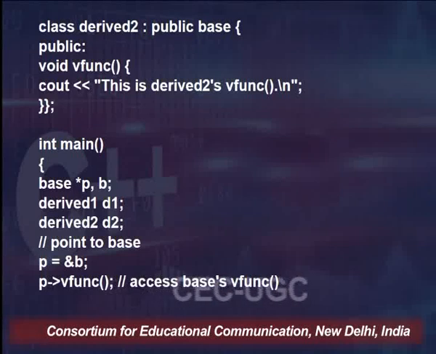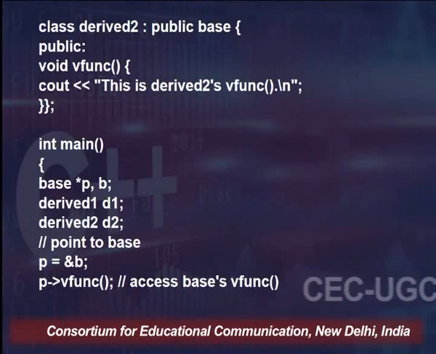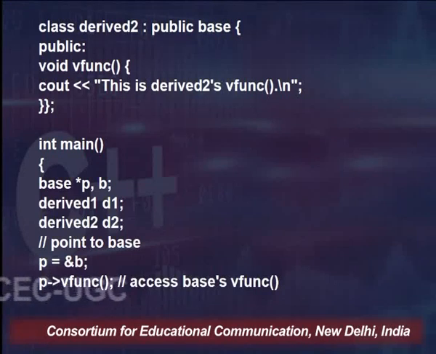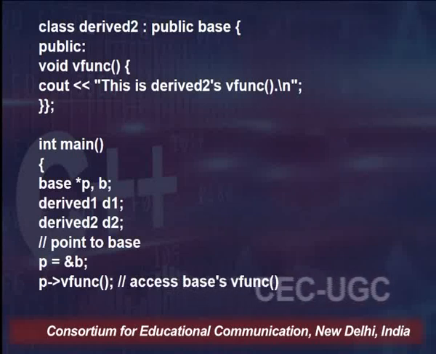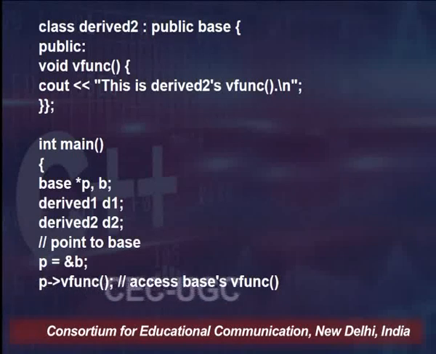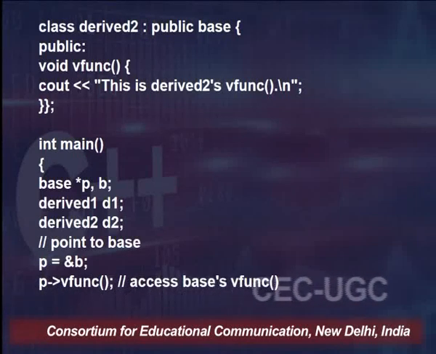So now we have three objects: b of the base class, d1 of derived class 1, and d2 of derived class 2, and one pointer to the base class.